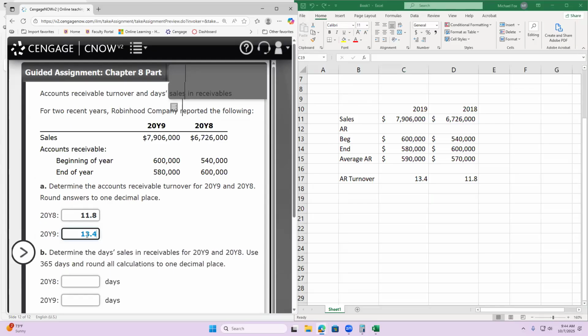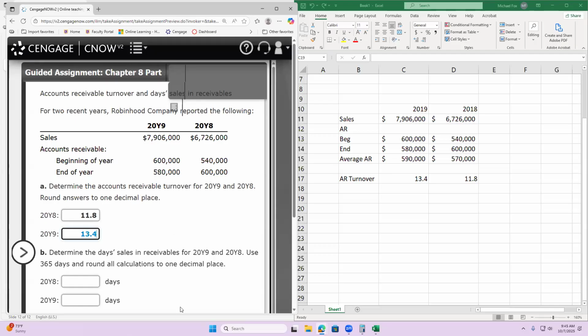Well, it means that their sales are greater relative to their average accounts receivable. So not necessarily longer to sell things, but more sales for the same amount of accounts receivable.